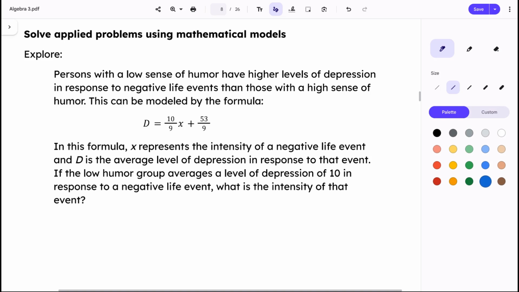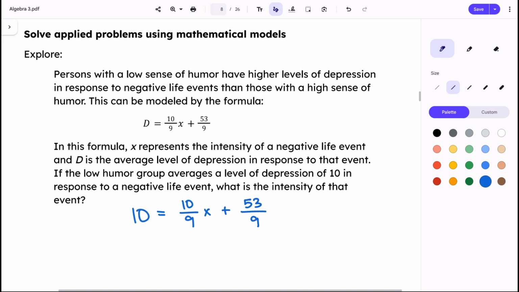If the low humor group averages a level of depression of 10 in response to a negative life event, what was the intensity? So 10 is the level of depression. So that's going to go in for your letter D for this equation. So I'm going to put 10 in that place, and I'm going to set this up. 10 equals 10 over 9, x plus 53 over 9.